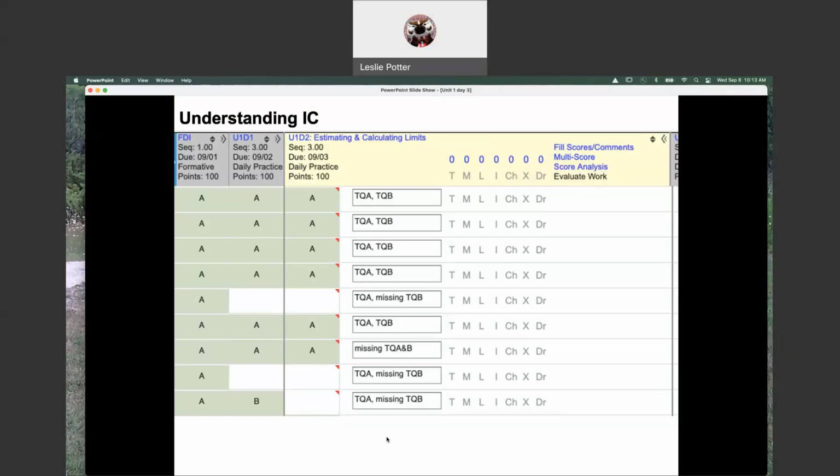Before we jump in to the activity, I see most of you have folded it, which is awesome. Here's just a random screenshot. We did estimating and calculating limits, and there were 8 of them. I just want you to see how I process things. I took all 8 of them and figured out what your grade should be.